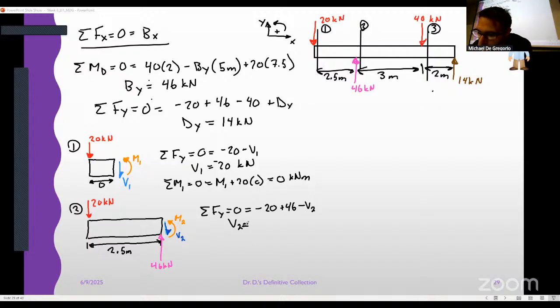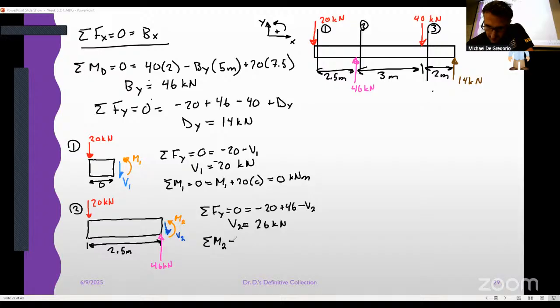No, positive 26. It's equal to 26 kilonewtons, right? So 46 minus 20 is 26. Move the V2 over to the other side. So we've increased our shear, right? It went up 20 from negative to positive. It switched signs on us. Directional change.